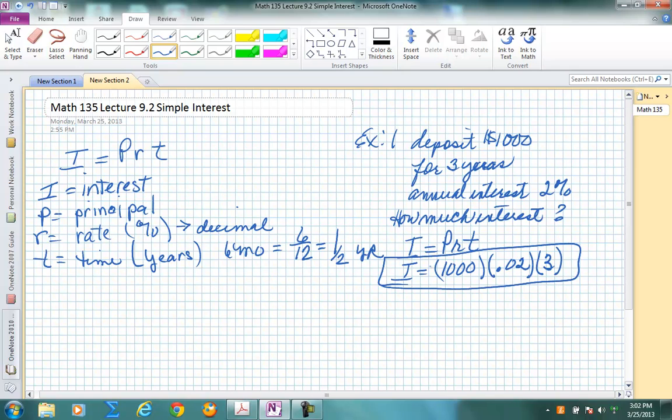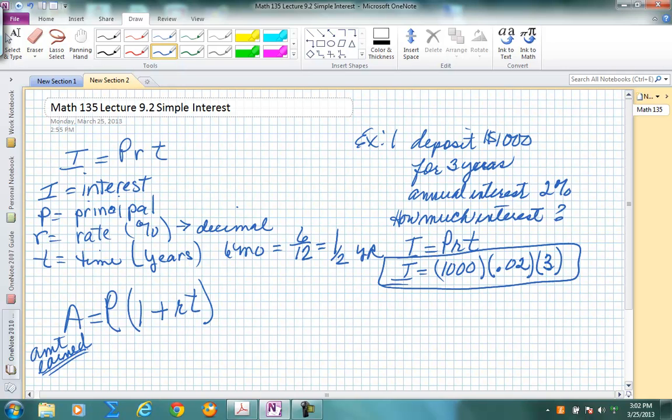But we can use another formula. A equals the principal times 1 plus the rate times the time. And this is the amount earned.